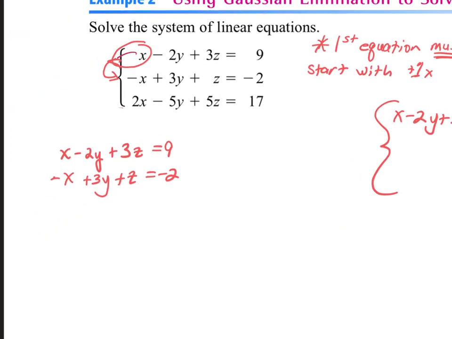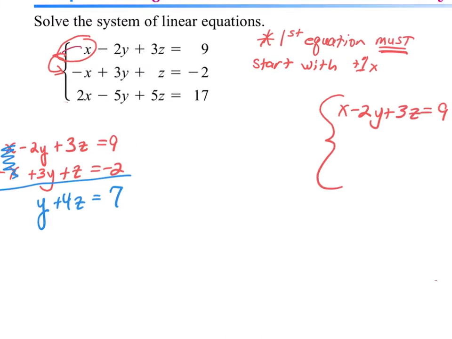So the first thing you do, you always want to cancel out x's first. This is already set up for us that x's are canceled out, right? So when I combine them, what happens to my x's? Positive and negative cancels out, yes? Negative 2y, positive 3y is y. 3z plus 1z is plus 4z equals, what's 9 minus 2? 7.